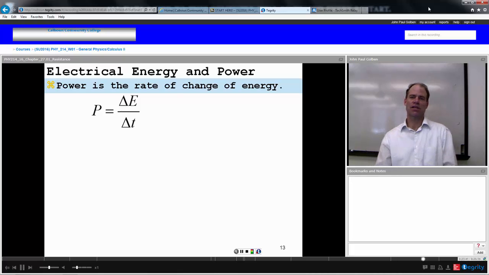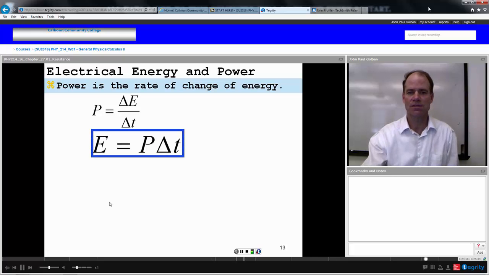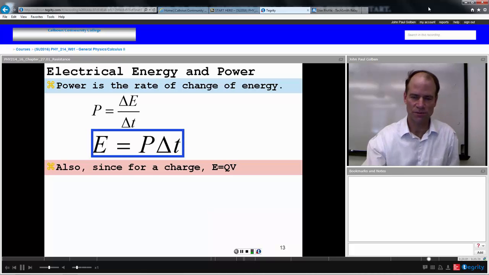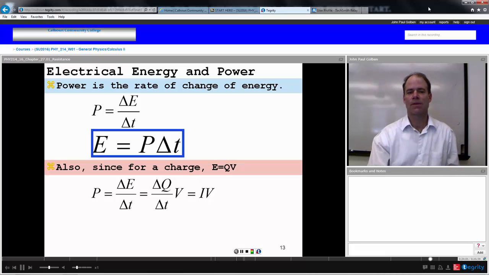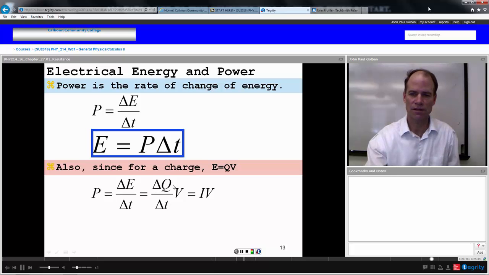Electrical energy and power. We know from Physics 1 that power is the rate of change of energy. It's how much energy per time we have. So in turn, we could say that energy would be equal to power times time. And since for a charge, our energy is equal to the charge times the voltage, we got that from chapter 25, we could say our power is equal to our change in energy per time, which would be the change in charge times voltage per time.